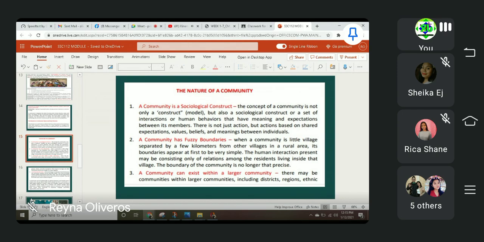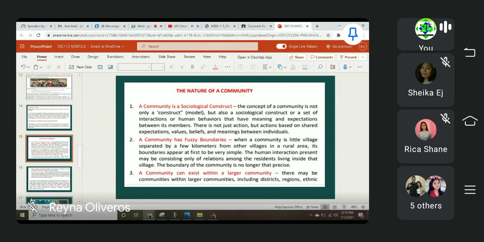'Di ba? So lahat ng tao na nakatira sa isang komunidad, may iba't ibang attitude and behaviors 'yan. 'Di ba? But eventually, these people have the capacity or capability to interact with one another.